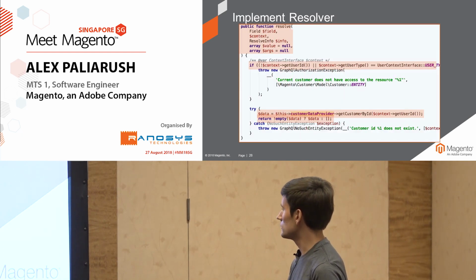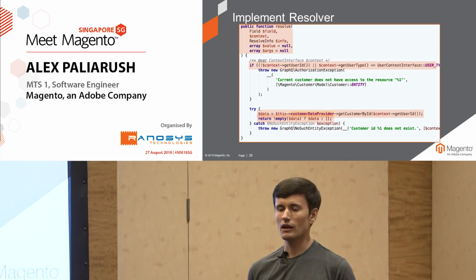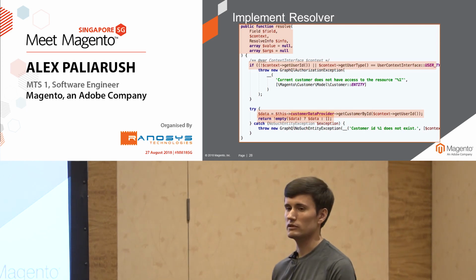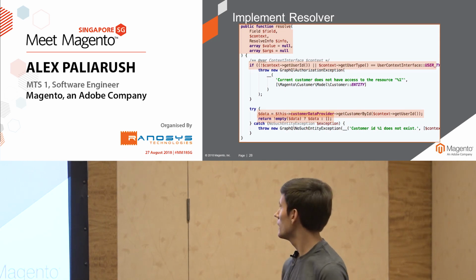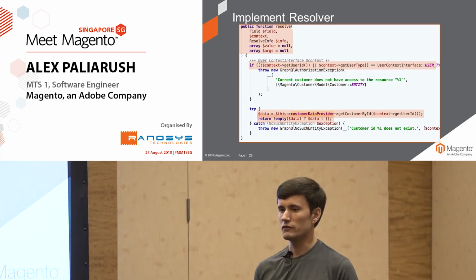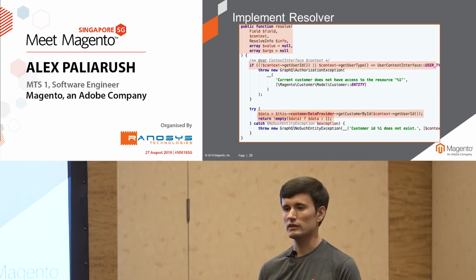So the second step is to define a resolver, which defines basically how you fetch data from database or wherever you store your data when somebody requests the query. All resolvers must implement resolver interface, and you will get access to information about schema and the query. So all that will be parsed and you will get access to it in the form of objects.